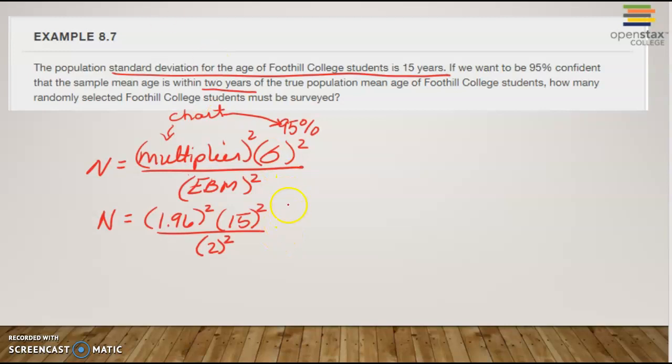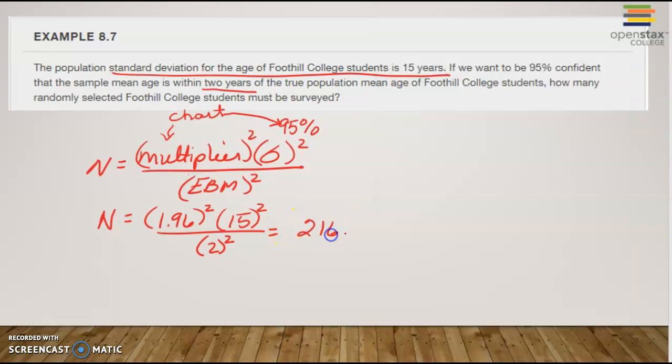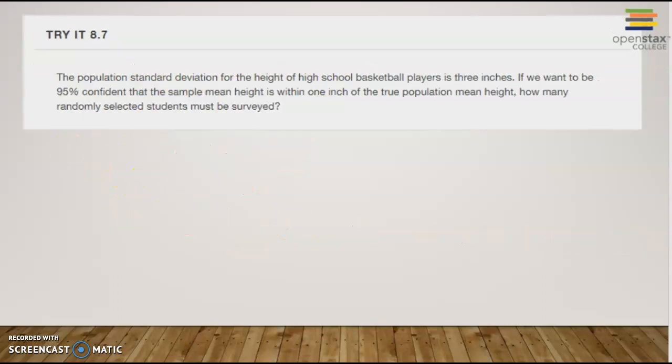All right, so you're going to have to multiply this out. 1.96 squared times 15 squared is 225. Divided by 2 squared is 4. Gives us 216.09. So, we're going to need to randomly select about 216 students to keep that 95% certainty. Okay.